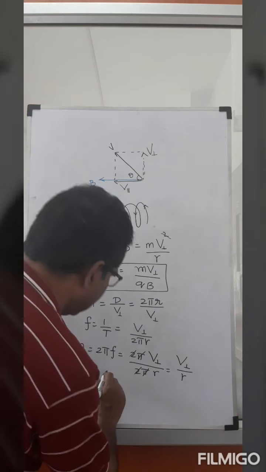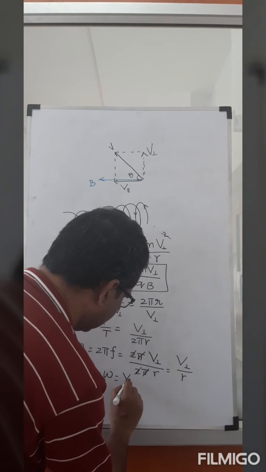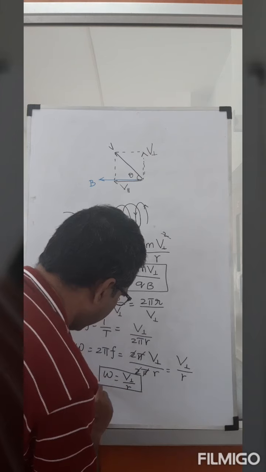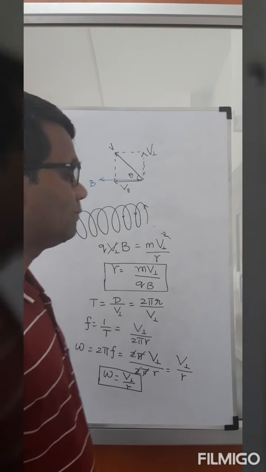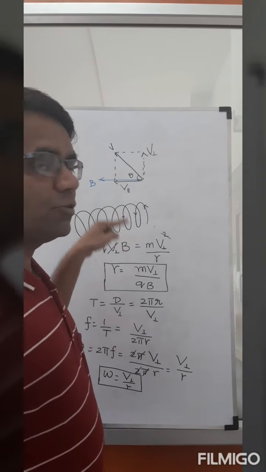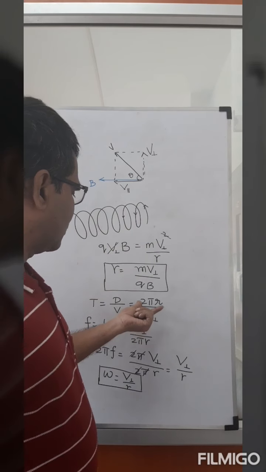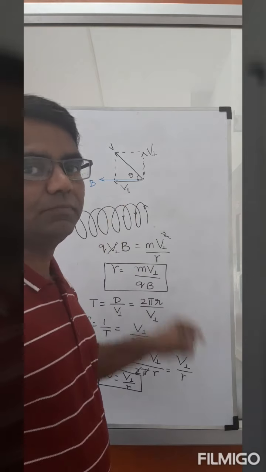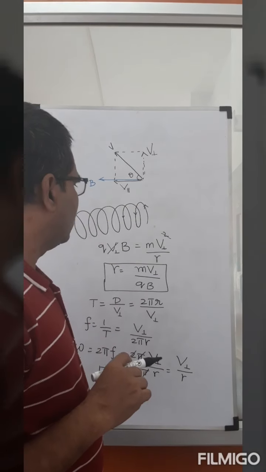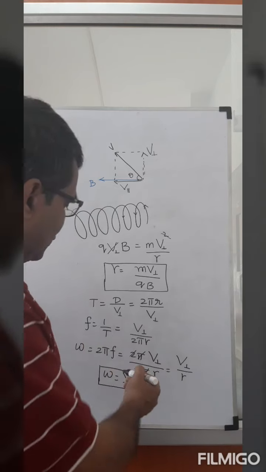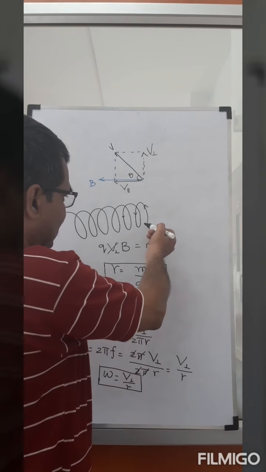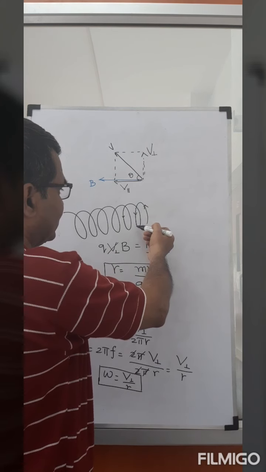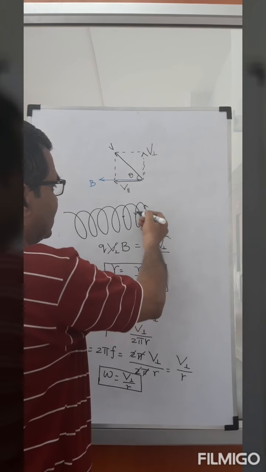So omega is equal to v perpendicular by r. So it takes about this time, 2 pi r by v perpendicular, to make this round. Now it starts here and then it comes back. Then it is back here. Then it goes like this.